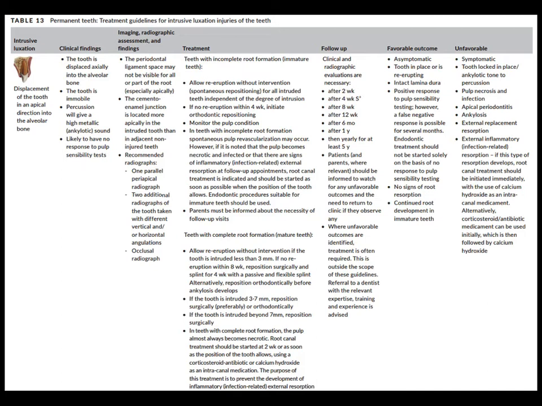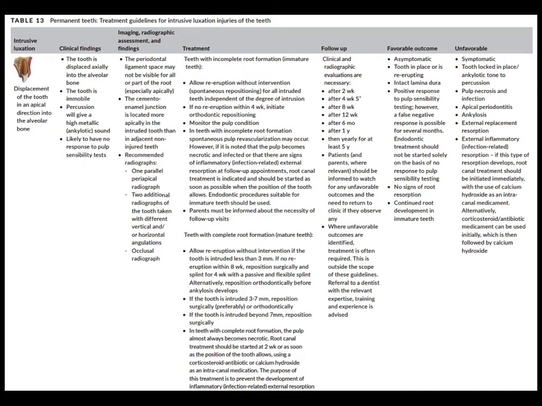And then also here in the table they give us a guideline, which is the amount of intrusion. If it's less than 3 millimeters, then we allow it to re-erupt. If it is more than 3 millimeters, it is recommended to reposition it surgically or orthodontically.